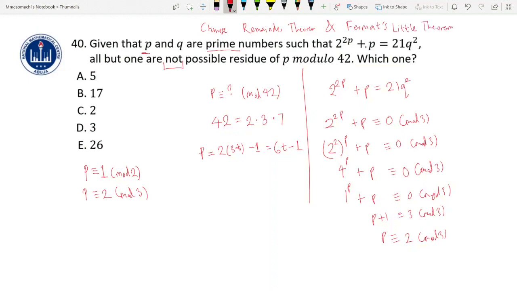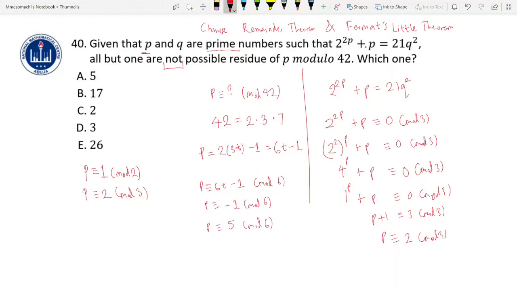So P, which is equal to 6t minus 1, means that P is congruent to 6t minus 1 mod 6. So P is congruent to minus 1 mod 6. We add 6 to minus 1, so P is congruent to 5 mod 6.